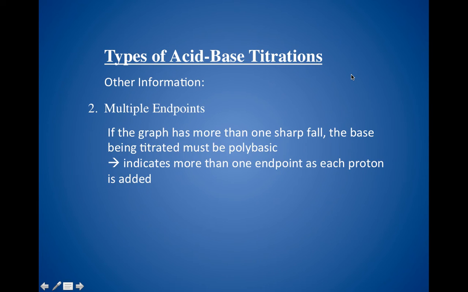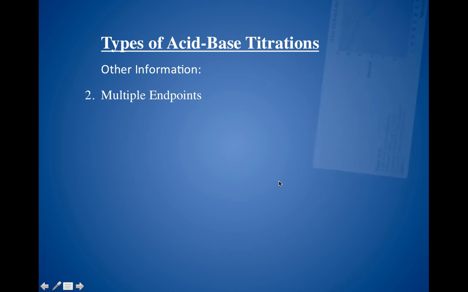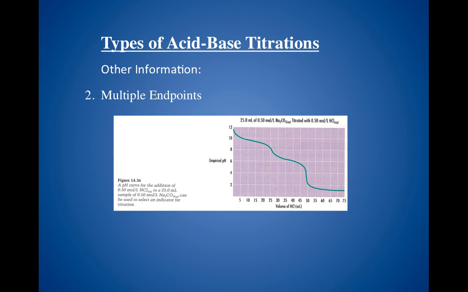So if the graph has more than one sharp fall, then that base being titrated must be polybasic, with more than one endpoint as each proton is added to it. And going the other way, this time we're adding acid to a base. Now we see we have sodium carbonate.